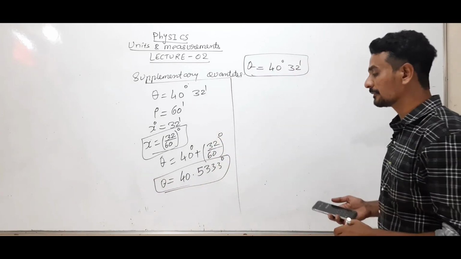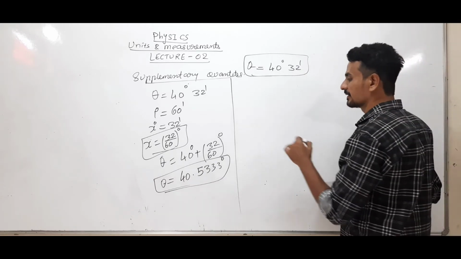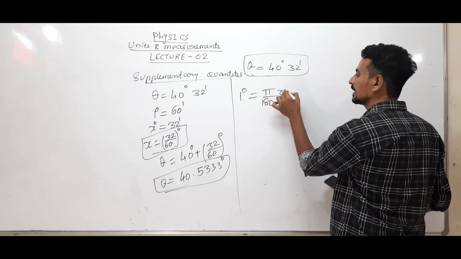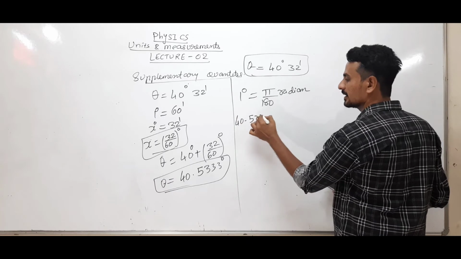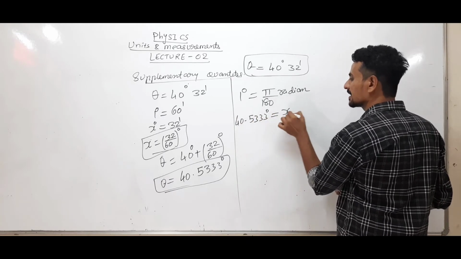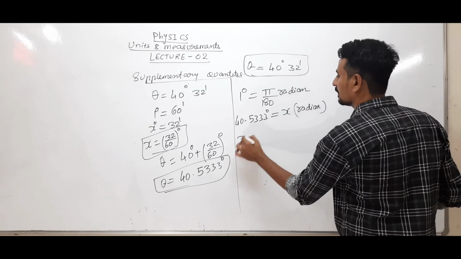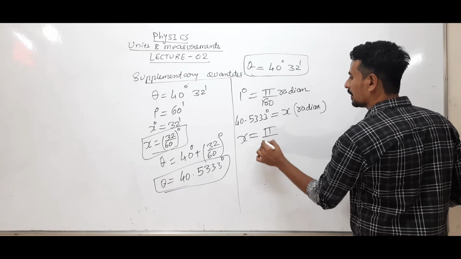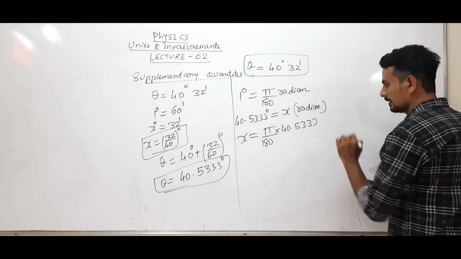Now we have got theta in degrees. Let us convert this into radian. So 1 degree is pi upon 180 radian. So 40.5333 degree dash radian. Again cross multiply. X equals to pi by 180 into 40.5333.